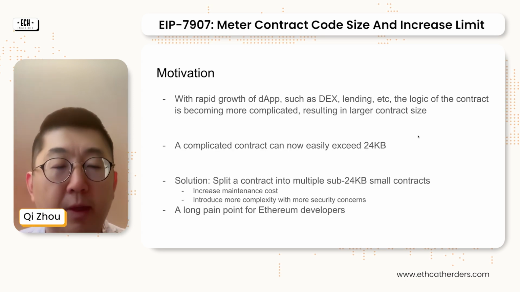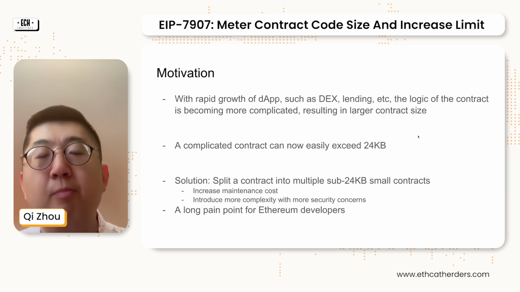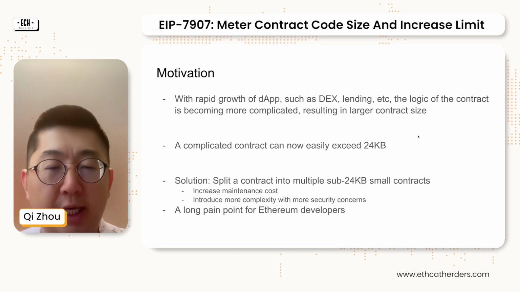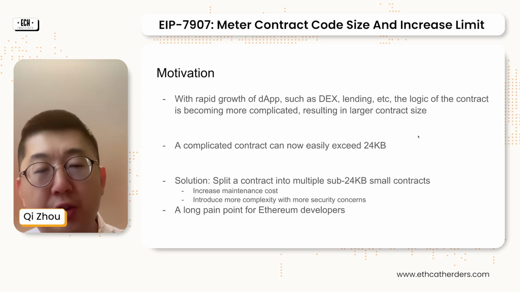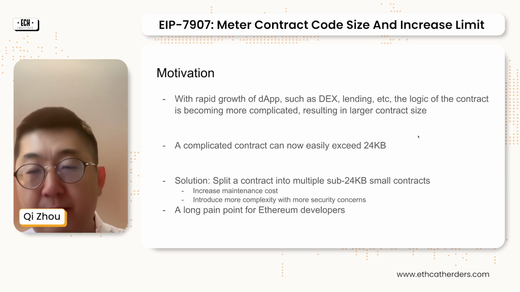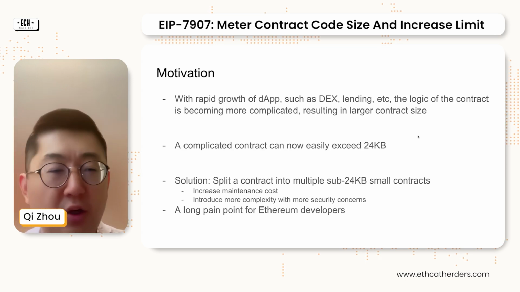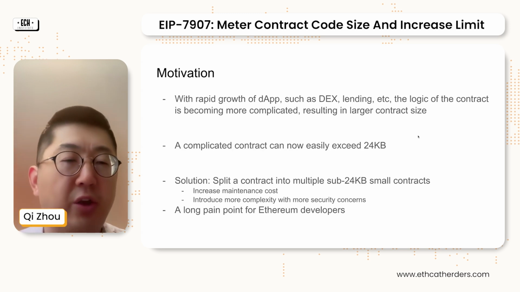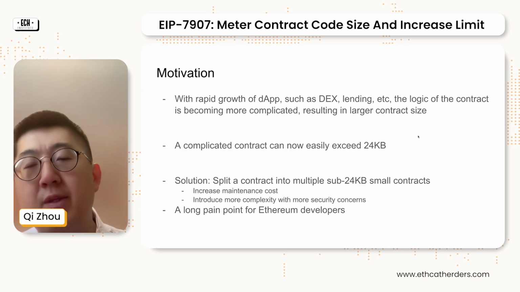In one sense we would like to be more modular and better organized, which means it introduces a lot of complexity and creates a lot of security concerns. Suppose I split the contract, and unfortunately the contract code is not the latest one, and has some security issue.